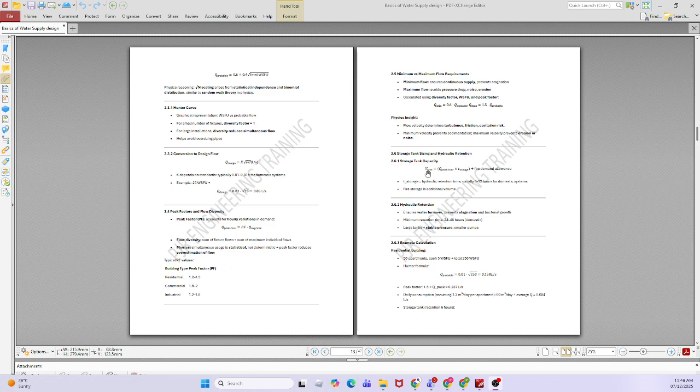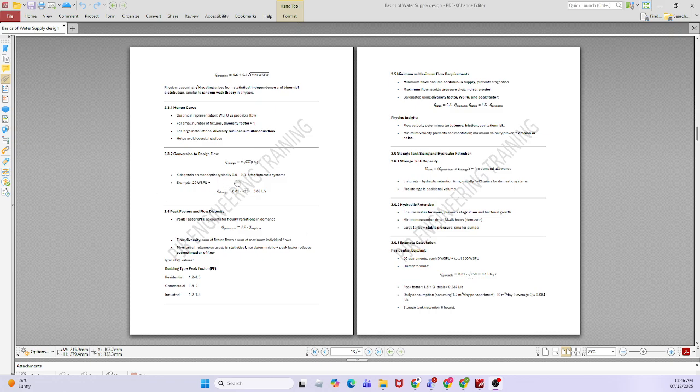Say for example, there is an example also given here. Residential building, you have 5 WSFU, 50 apartments, so it gives you a total of 250 WSFU, right? And Q probable is 0.01, which depends upon the K value.